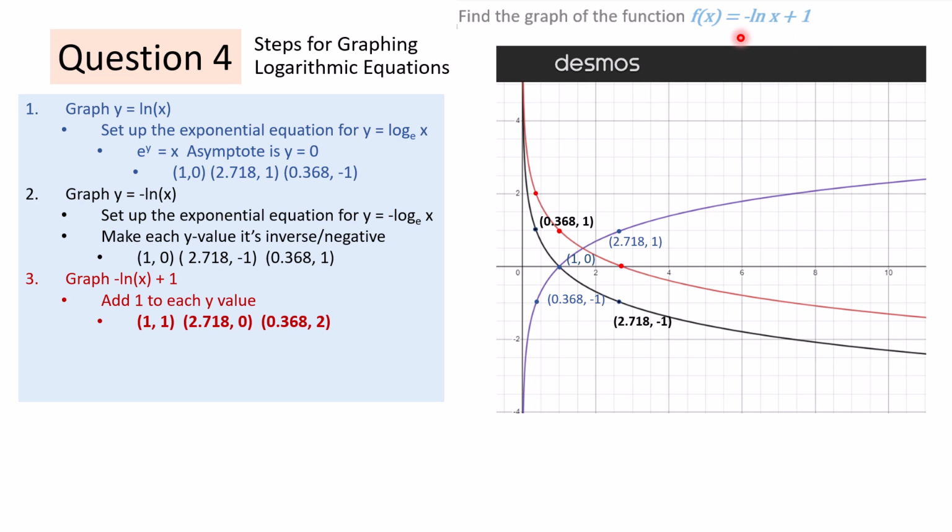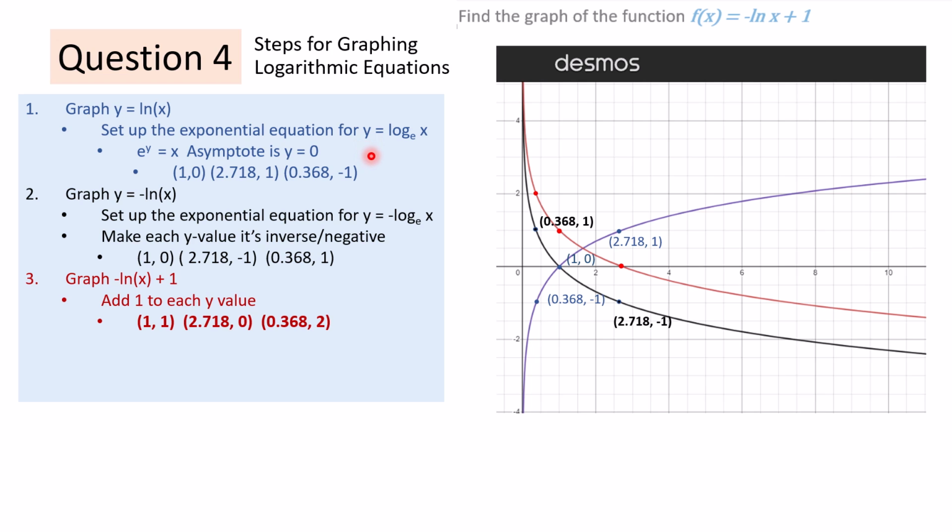Let's start by graphing the parent function. Strip everything away from ln x and just graph f of x equals ln x. So we're going to replace the f of x with y, and graph y equals ln x. So we're going to set up the exponential equation.